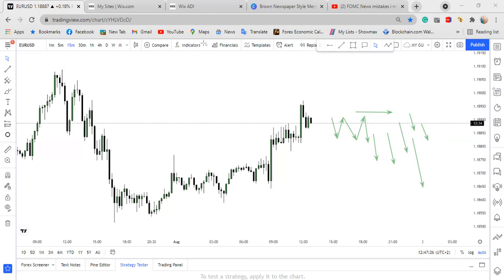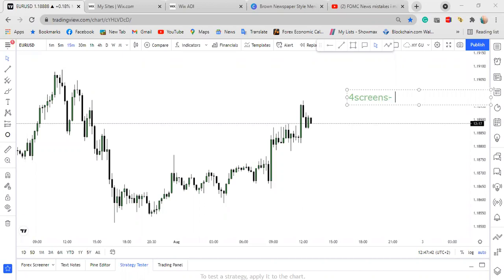So it's the same thing, only that one is bullish and one is bearish. So we can see what we are looking for. These are the rules that we are looking for. You want 4 screens, presenting a 5-minute time frame, 15-minute time frame, 30-minute time frame, and your 1-hour time frame.